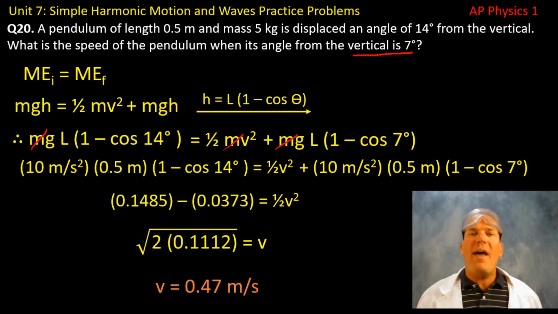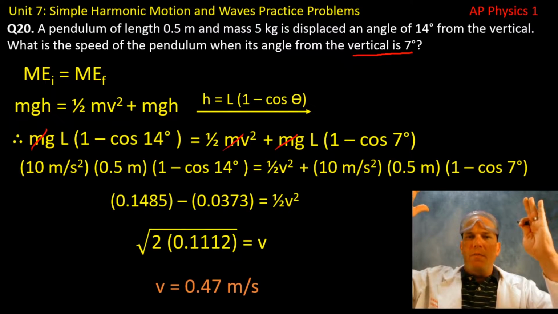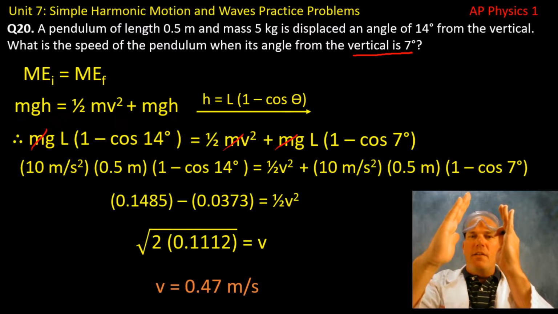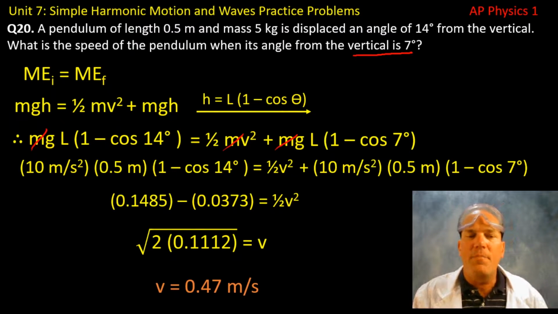Yet halfway through its delta theta, from 14 to 7, it's already moving 0.47 meters per second.